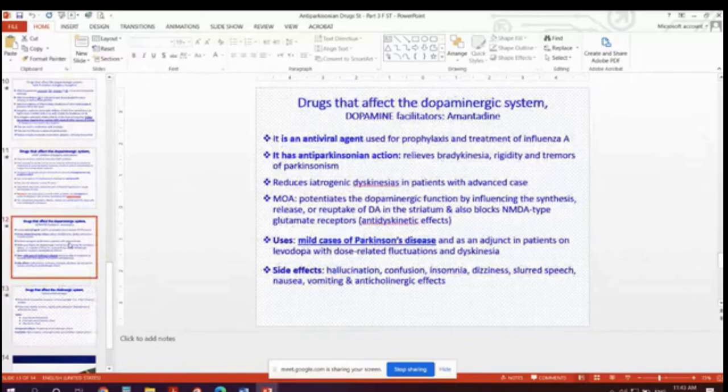Yes, that's correct, because it is antiviral. If the patient has Japanese encephalitis, generally speaking, to flatten the response of the dopamine you can use it along with it, but amantadine is not used that much.